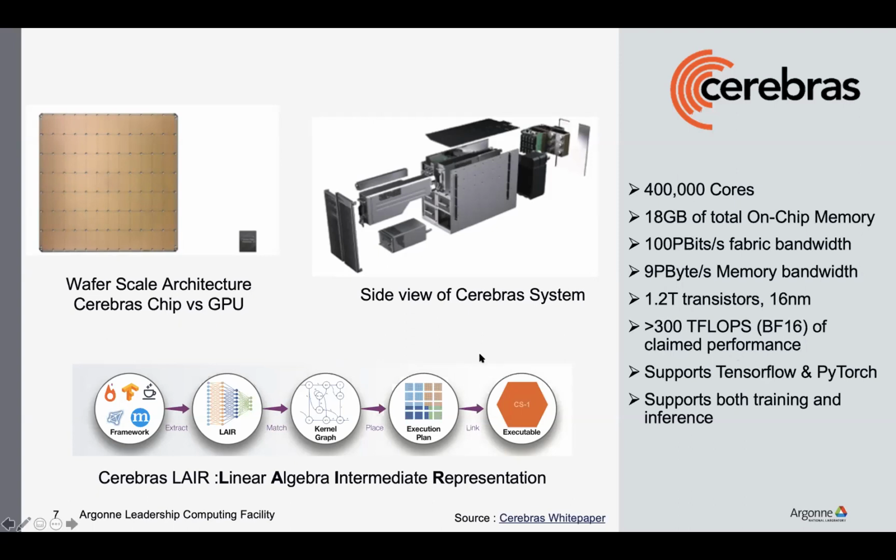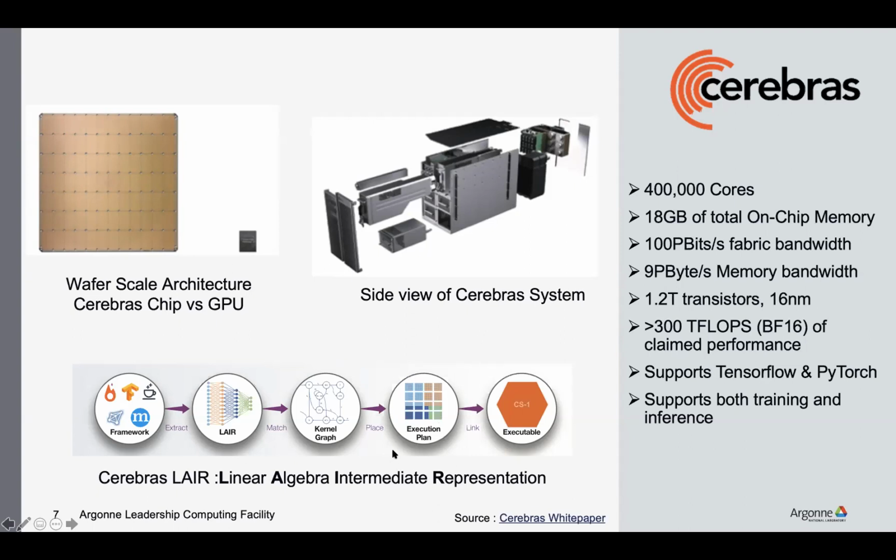The other part of any AI architecture, other than the hardware, is the software toolchain, which helps you map your programs to these architectures. At the top, you write your code in the frameworks supported by Cerebras, so you can write your code in PyTorch, TensorFlow, etc. Then they have an intermediate representation, called the linear algebra intermediate representation.